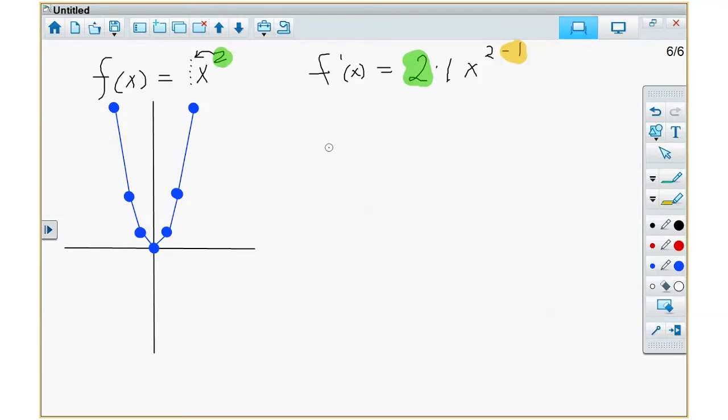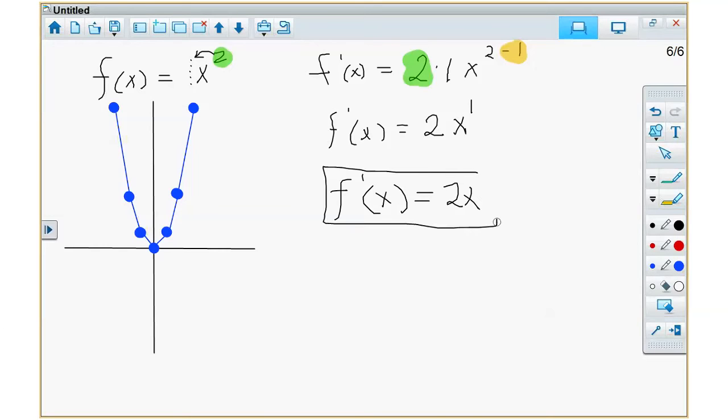So f prime of x is equal to 2 times 1 is 2. x, and what's 2 minus 1? To the first power, so f prime of x is equal to 2x.